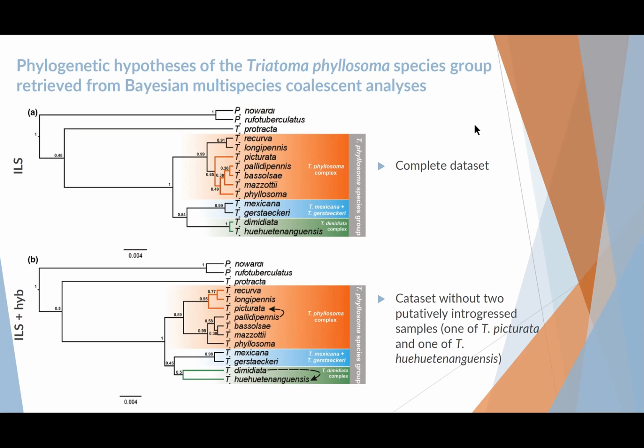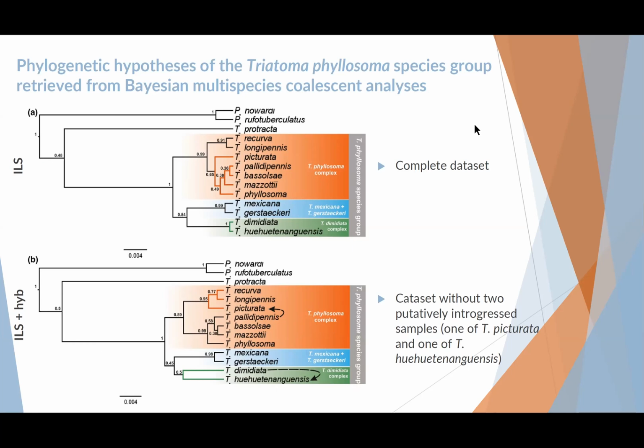And in the second case, I used the data set without putative introgressed samples, Triatoma picturata and Triatoma huehuetenangensis. The first case only considers incomplete lineage sorting among the processes involved in this phylogeny.